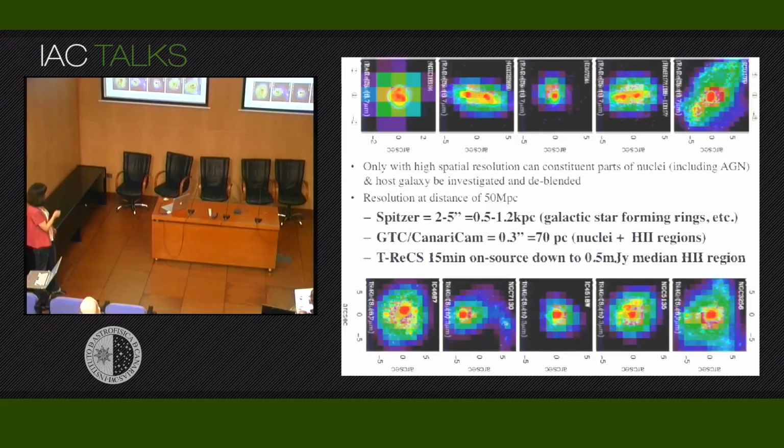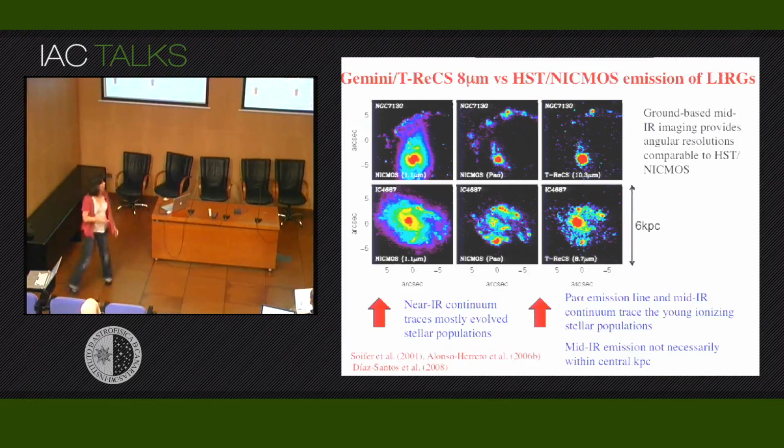So one thing that you can see here is a comparison of our NICMOS images and the T-ReCS images. That's something that Paco told us yesterday. With T-ReCS and CanariCam, you get angular resolutions that are comparable to the HST resolutions with NICMOS. So this is very nice in terms of comparing the different physical processes.